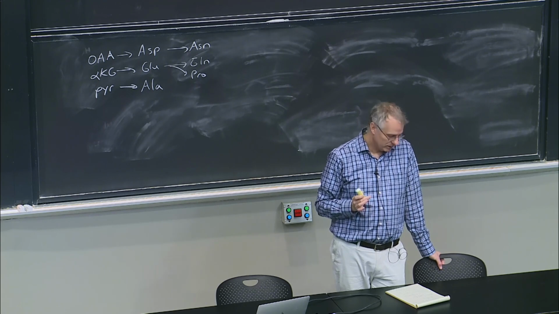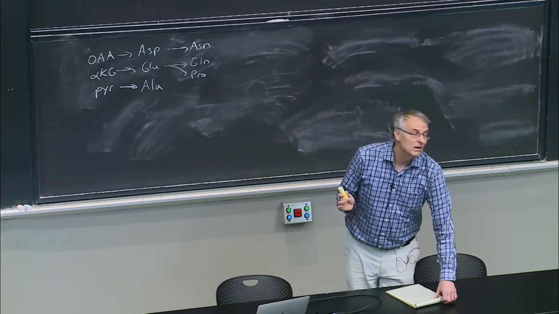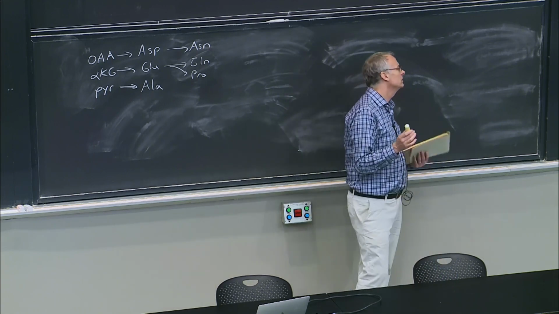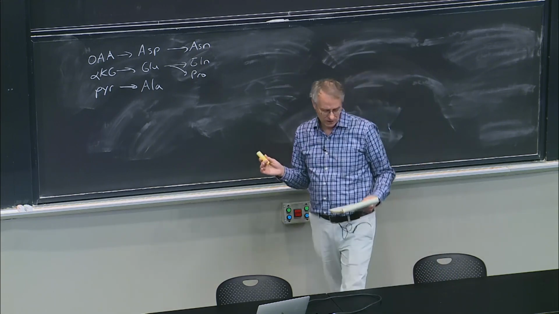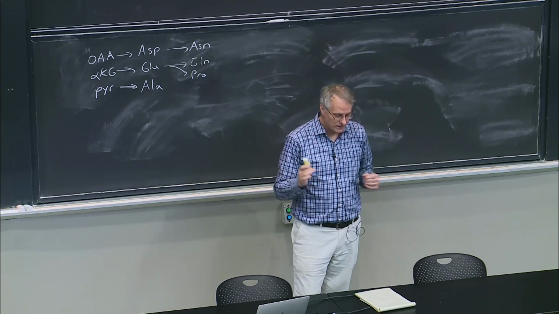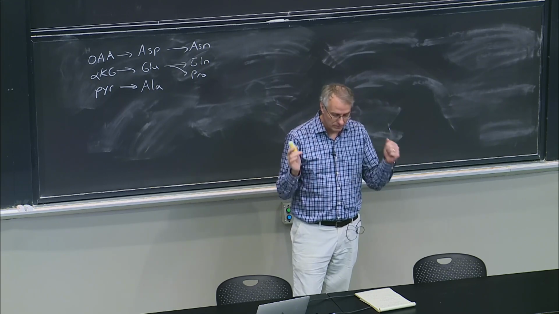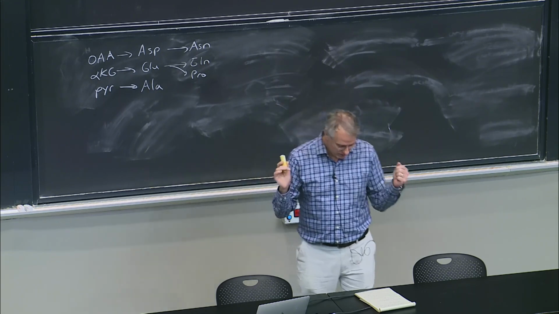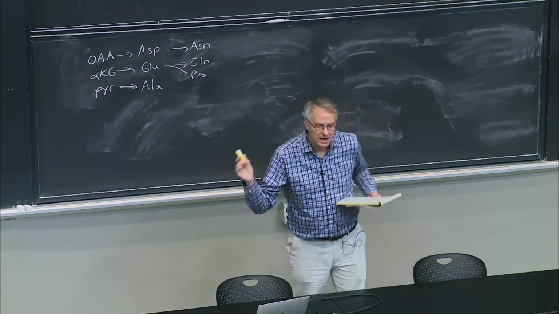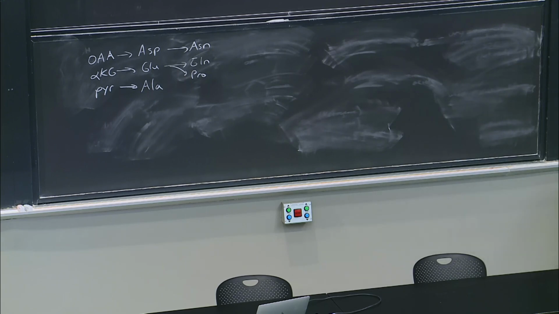Today, what I want to discuss is how we will make serine and glycine, because it turns out serine and glycine metabolism play a key role in other pathways, including nucleotide synthesis, which we will cover in the next lecture.